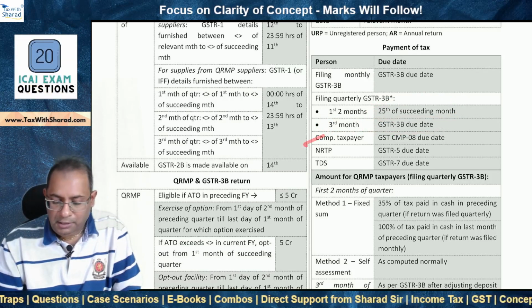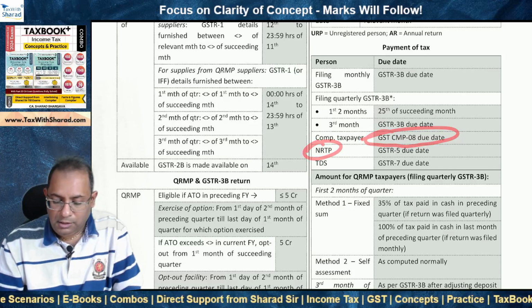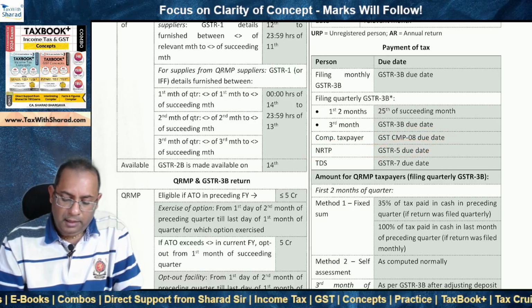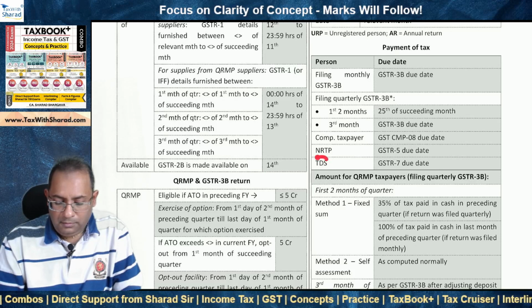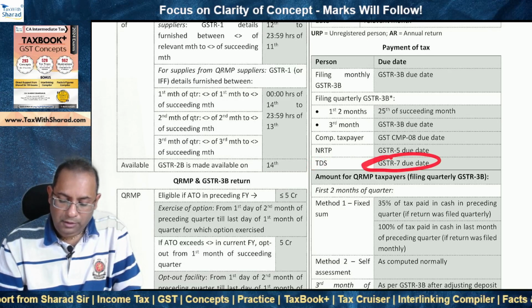In case of composition taxpayer, it is the GST CMP 08 due date. For NRTP, it is the GSTR 5 due date. And for payment of TDS, it is the GSTR 7 due date.